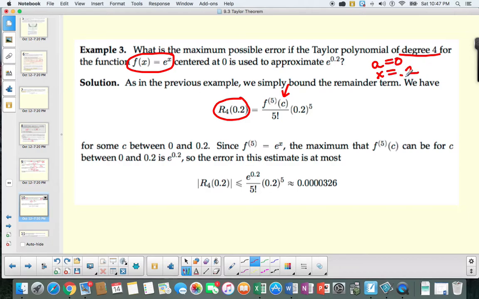So our c is somewhere between 0 and 0.2. And we're going to evaluate our x is 0.2, and the largest this can be, remember going from 0 to 0.2, the largest that e to the x can be is e to the 0.2. And we have 5 factorial, 0.2 to the 5th, and this is our accuracy right here. And remainder is always going to be absolute.